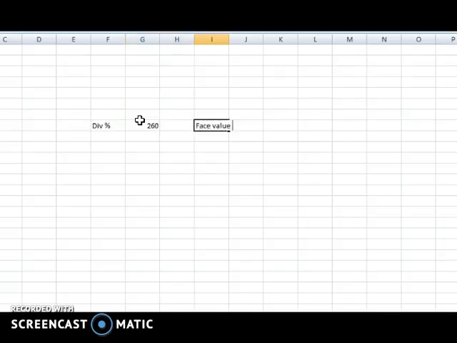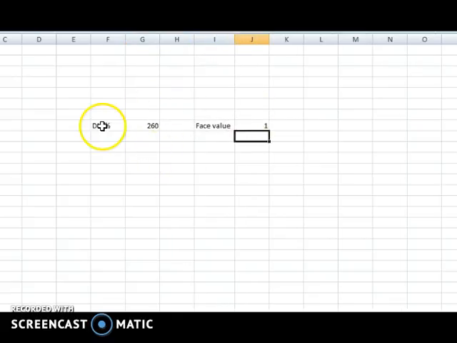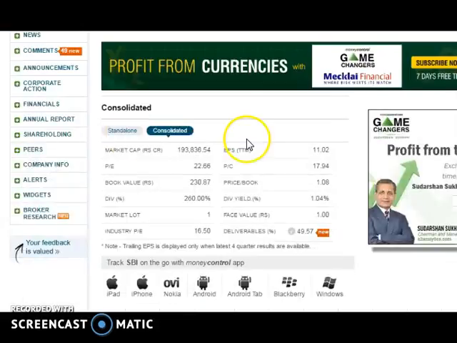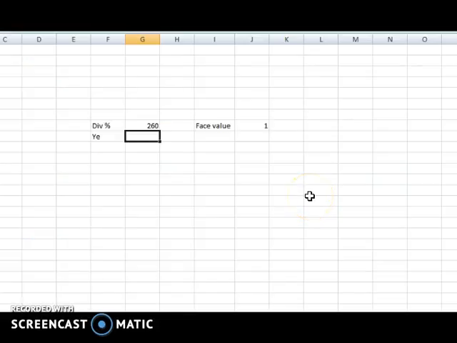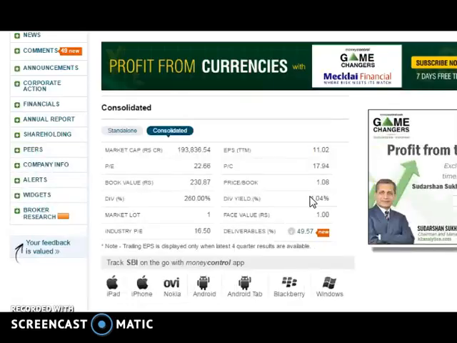Face value is 1 rupee, and yield, we can see here, is 1.04%. Now I am going to tell how to calculate this. This is the percentage. We will see how to calculate this.